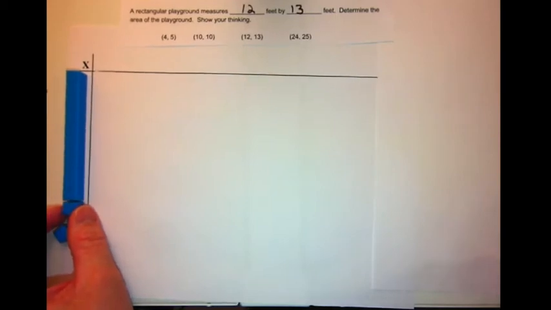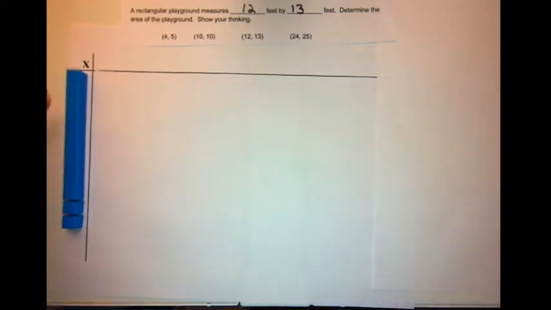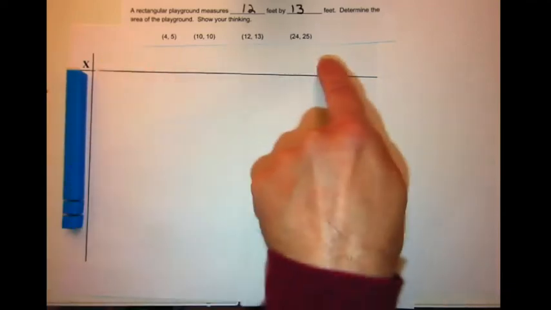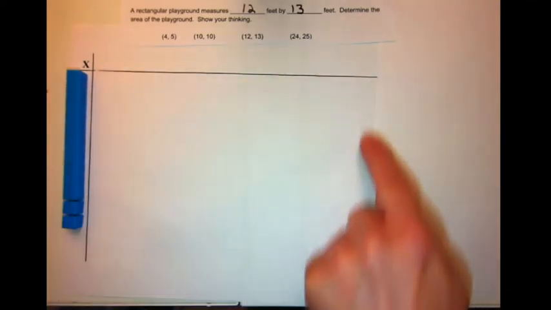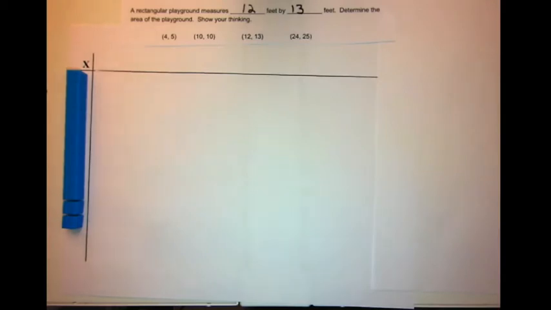And this mat for multiplication is very helpful because we can build the factors on the outside of the template, and inside here we'll have our area that we can count up and see the total area. So one factor is 12 feet, and the other factor is 13 feet. So I'm going to build the 13 up here.